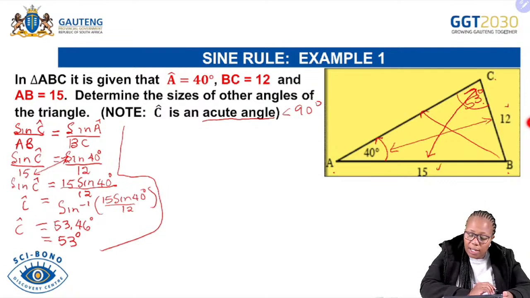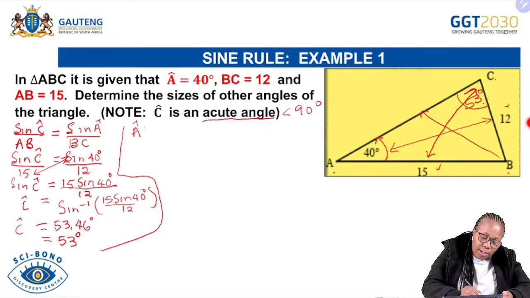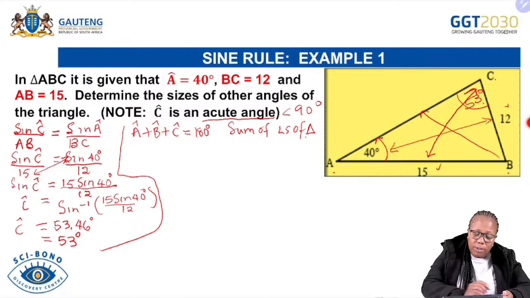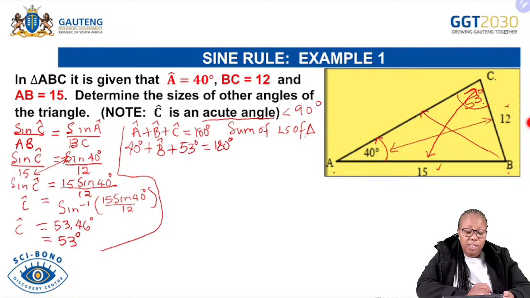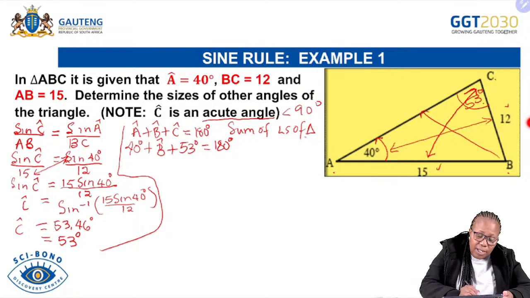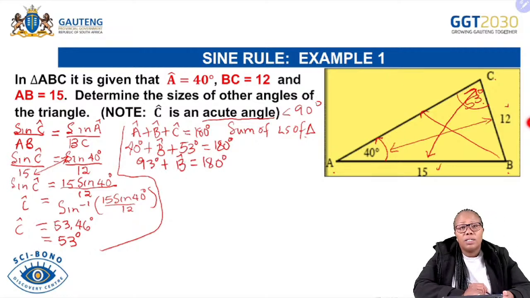In triangle ABC, angle A plus angle B plus angle C is equal to 180 because of the sum of angles of a triangle. How much is A? 40 degrees plus angle B, we are looking for that, and then angle C is equal to 53 degrees, equal to 180 degrees. 40 plus 53 is 93 degrees, plus angle B equals 180 degrees.